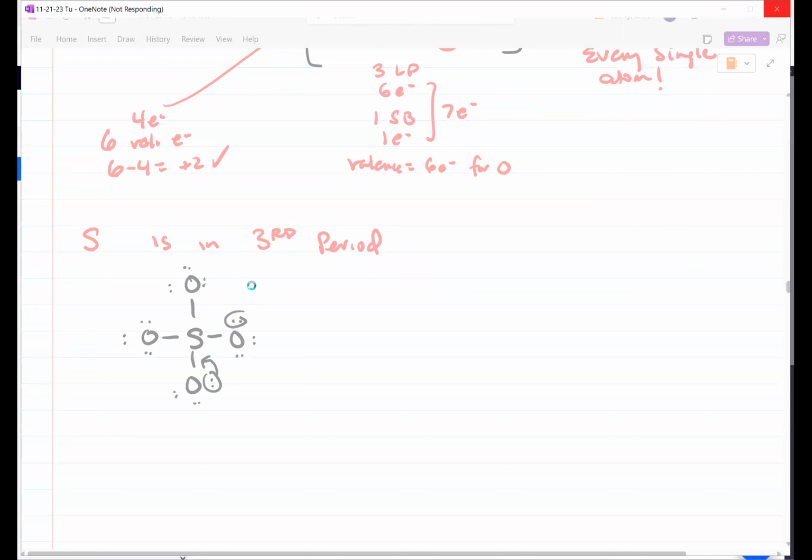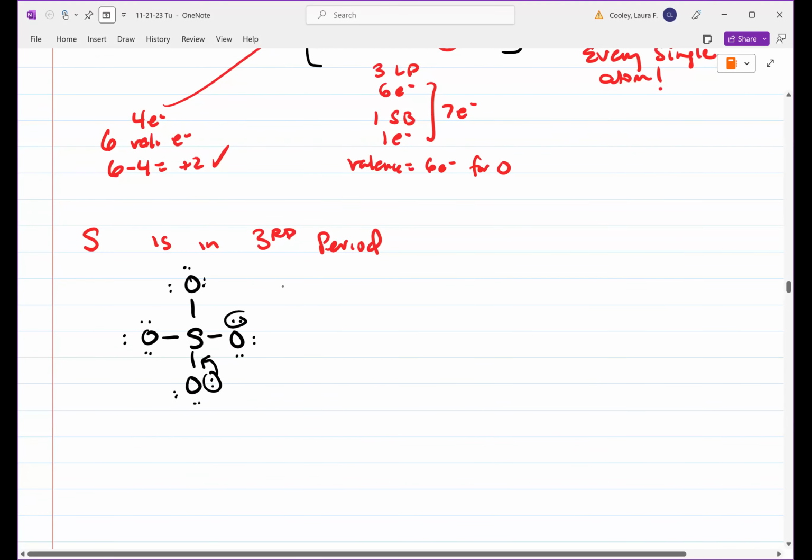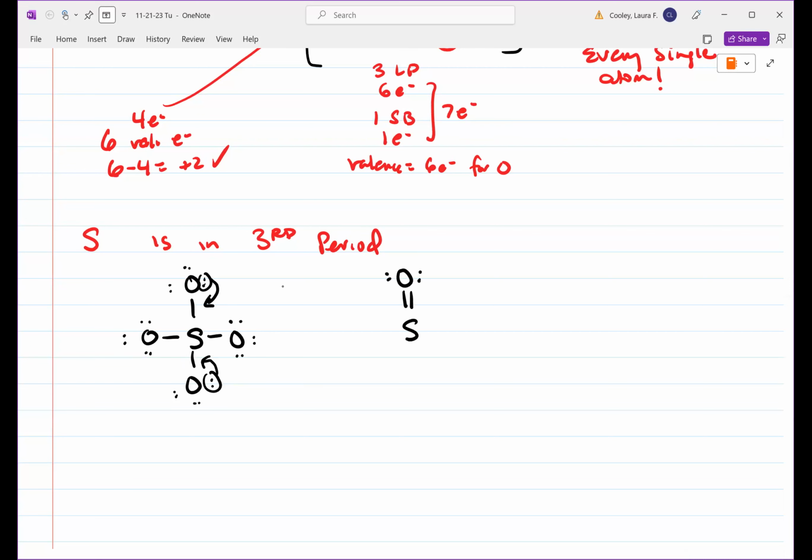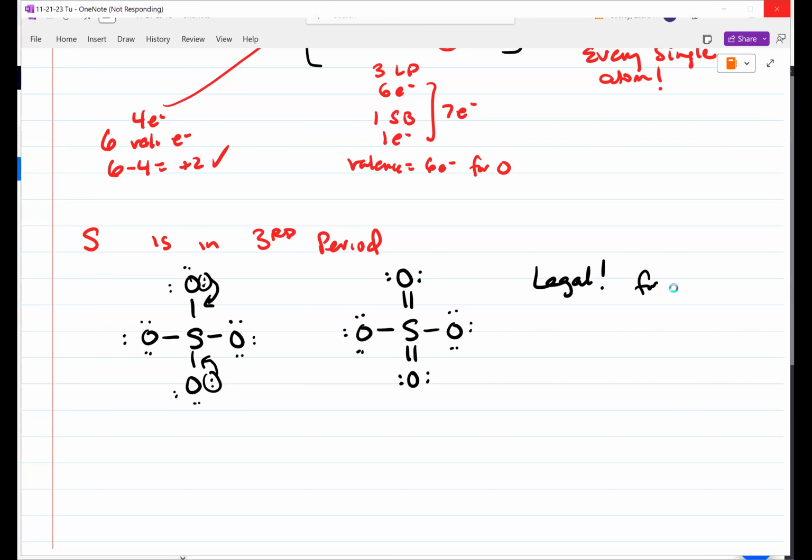I don't like when I erase, it really doesn't like it. It just doesn't do it. So I make a double bond here, double bond here. This is legal for sulfur under expanded valence rules.